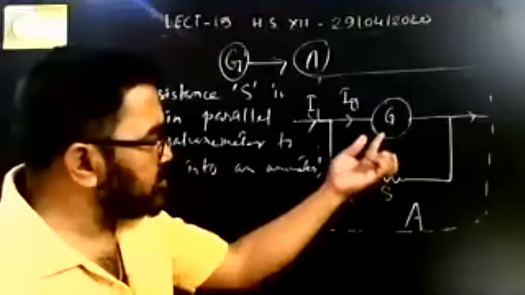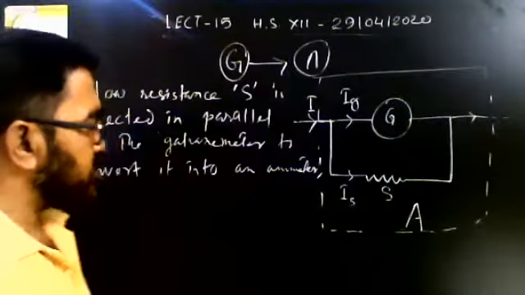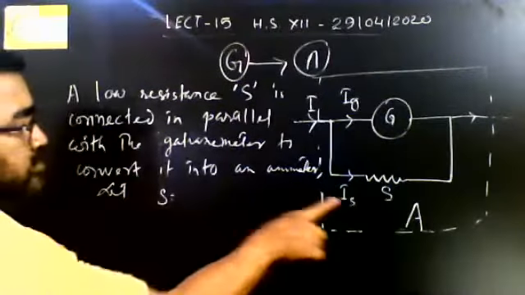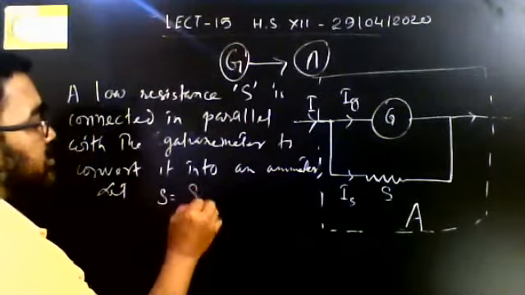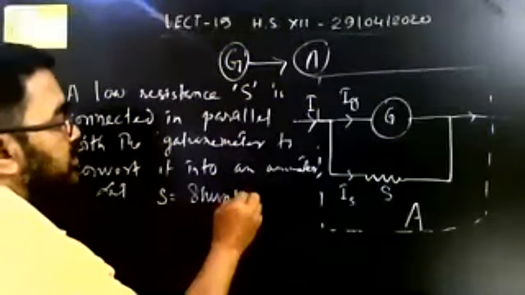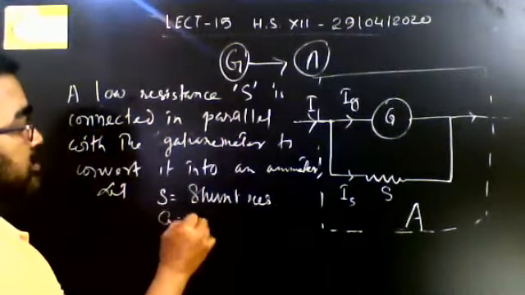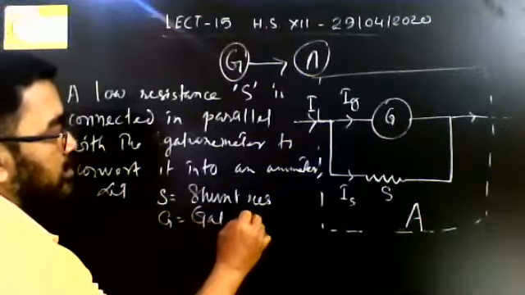So this is a galvanometer and one shunt resistance, let S be the shunt resistance, and G be the galvanometer resistance.